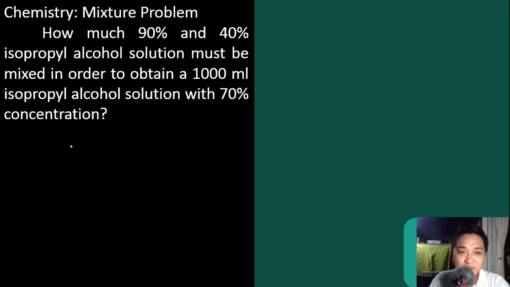Now, para hindi tayo mahirapan sa pag-solve, iti-table natin yung mga information na makukuha natin from out of this problem. So, we will be dealing with percents and with ml or volumes of liquids, and later on we will be dealing with percent times the volume of liquids.